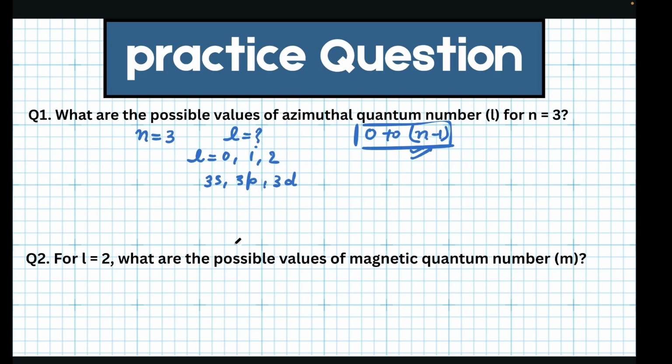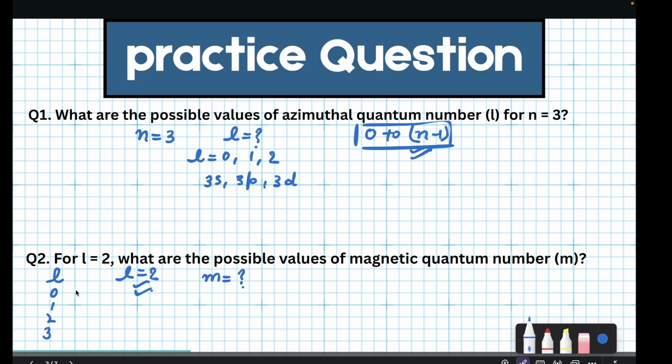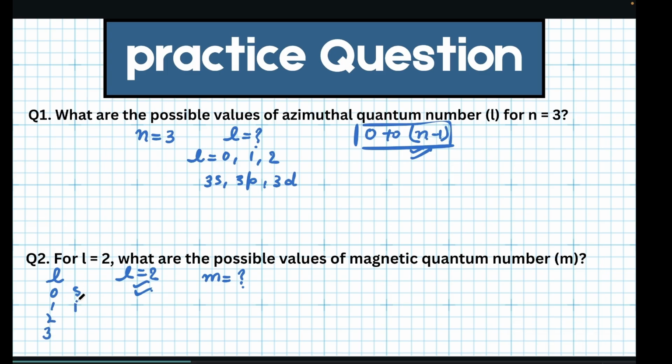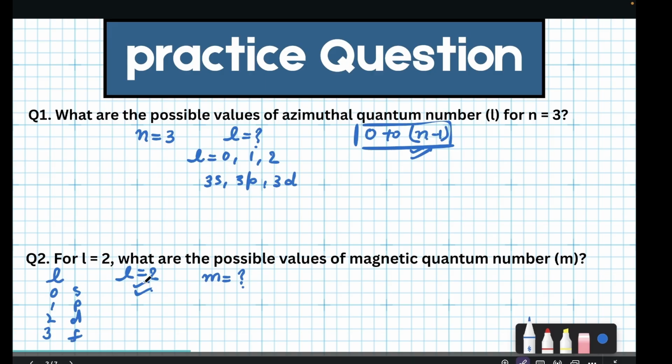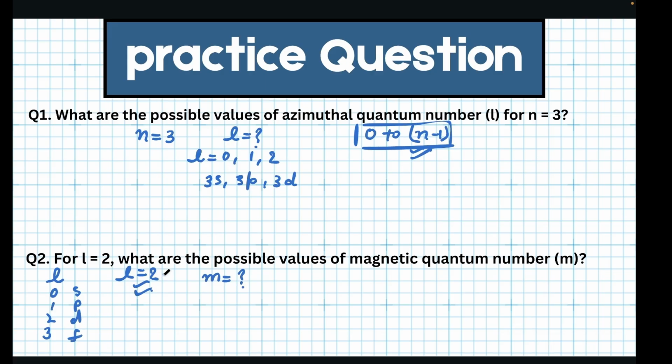By using this formula, you can calculate the possible values of L for the given n. Next question is, for L is equal to 2, what are the possible values of magnetic quantum number m? As we know, for the values of L 0, 1, 2 and 3, the subshells will be s, p, d and f. So for L is equal to 2, there will be d subshell. And as we know, there are 5 orbitals in the d subshell.